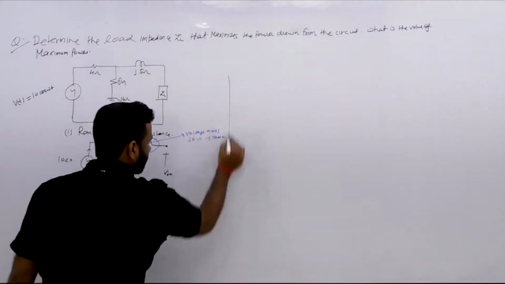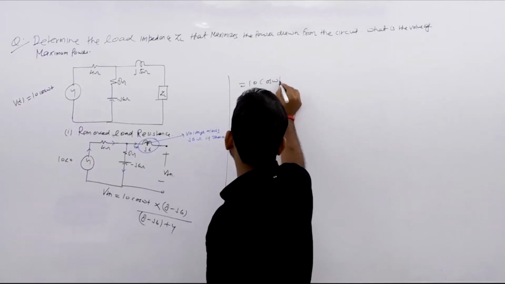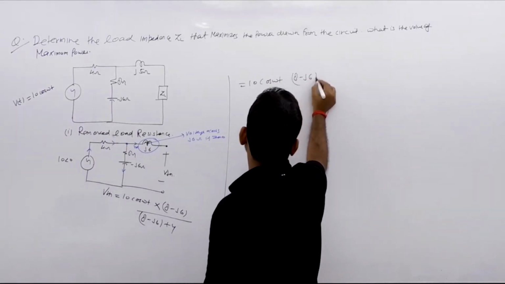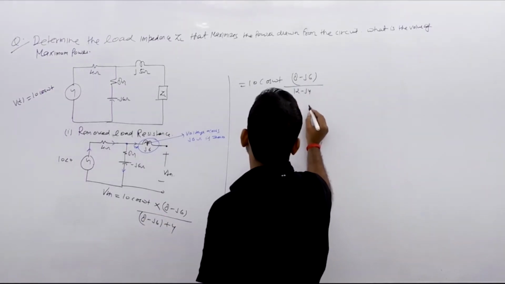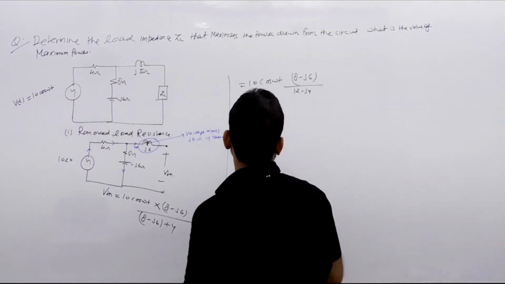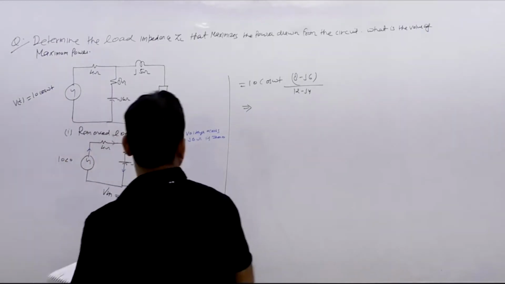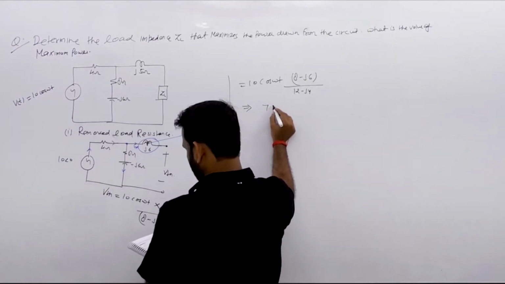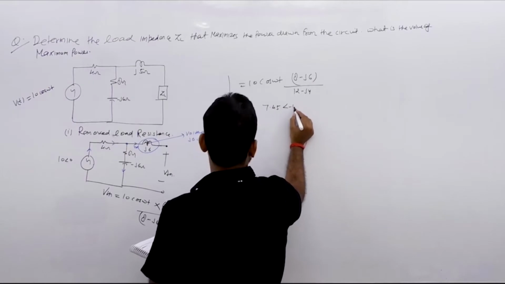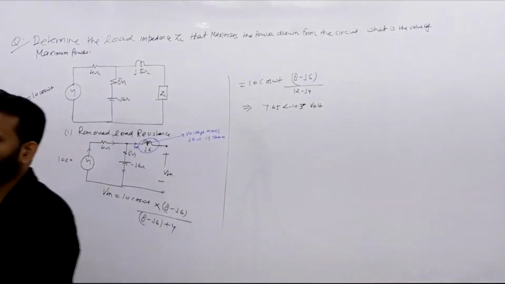That is 10 cos omega t times 8 minus j6 over 12 minus j6. On calculating this value, the answer is 7.45 angle minus 10.3 degree volt. So this is your step number one.